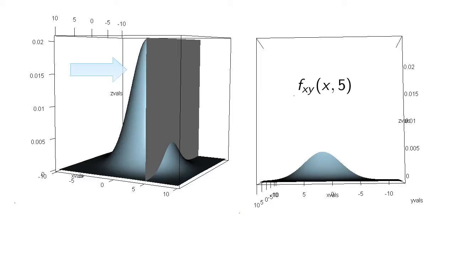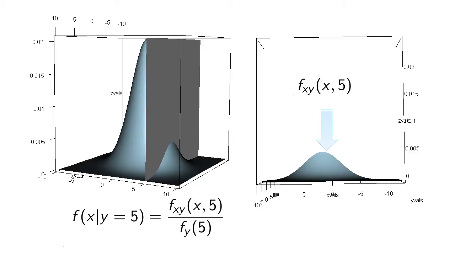Okay, so we have this surface, we have this plane, the y equal 5 plane that cuts through the surface. And then we have the function that is on that plane at f of x comma 5. And that is exactly the conditional density, with the exception of now it doesn't integrate to 1. So we have to normalize it by something that integrates to 1. Well, that's exactly what we divide by there, f of 5.